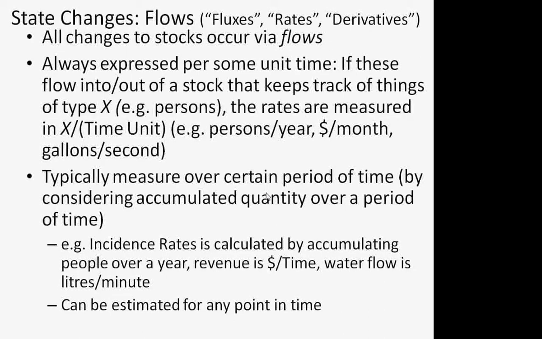So you're always going to have a per unit time of some sort. It could be per second, per year, per month. They quantify some quantity over a certain period of time, like people per year who get infected or who recover, right?